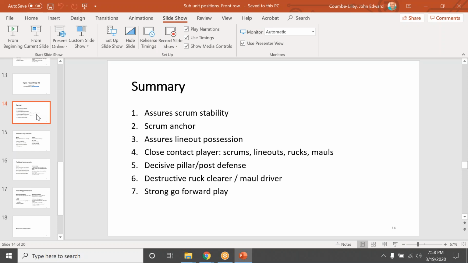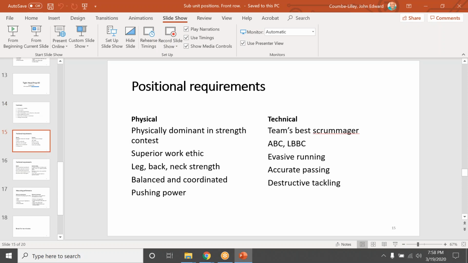So the number 3 anchors the scrum. That's the greatest asset that they are to us. And what they do for the team is basically create a fulcrum around which we can play. So here, strength-wise, you don't have to be short and squat to be a tight head.